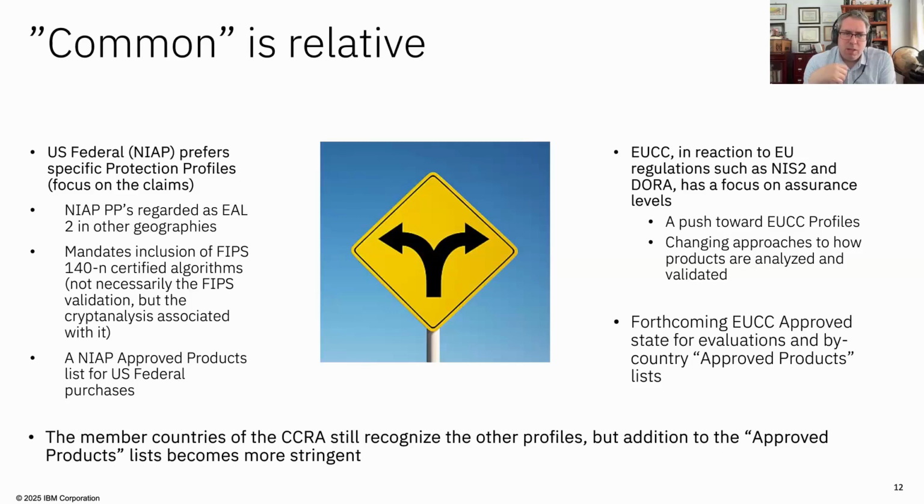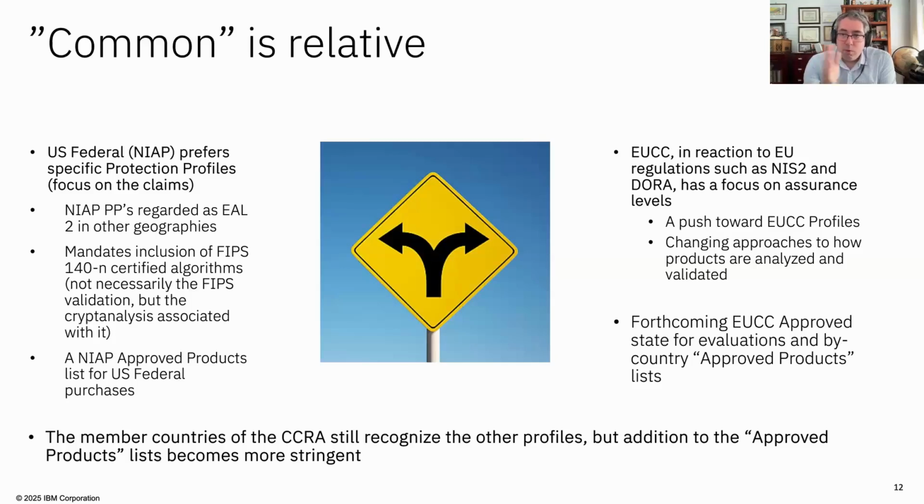And it does mandate the inclusion of certain certified cryptographic algorithms, not necessarily FIPS validation, which we'll explain in a sec, but certainly the cryptanalysis that's associated with it. And the neat thing here is that you get on a NIAP approved products list if you use one of these particular sets of claims.